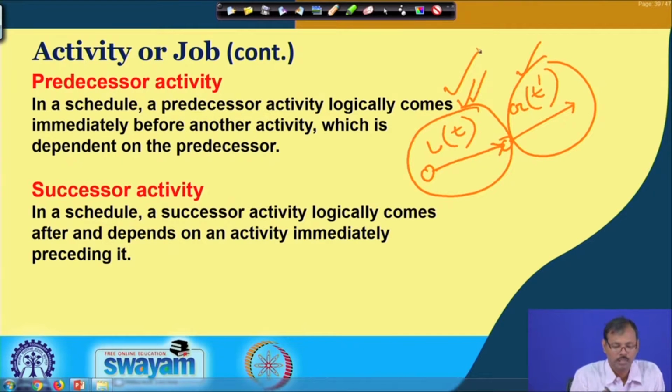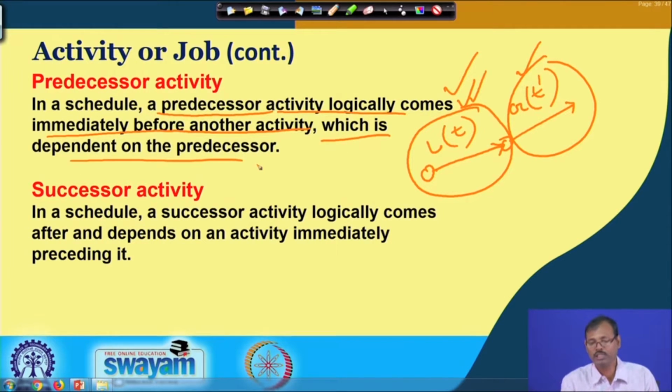In a schedule, a predecessor job must logically come immediately before the other activity which depends on it. Without it, the activity cannot start. So, the completion of this is essentially required, and that is called the predecessor activity.